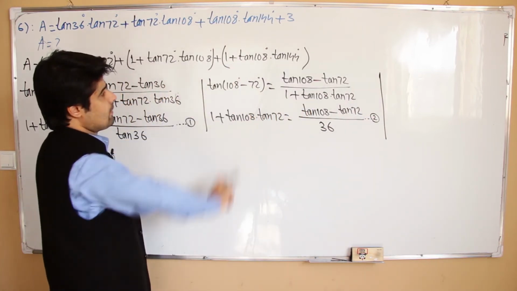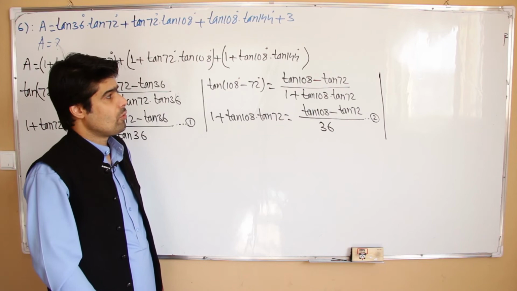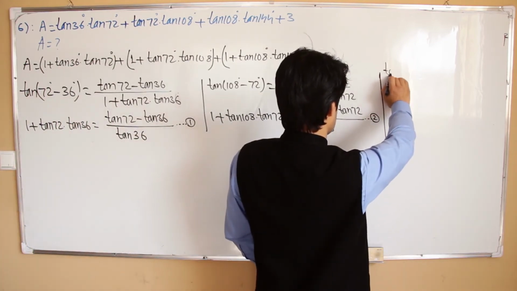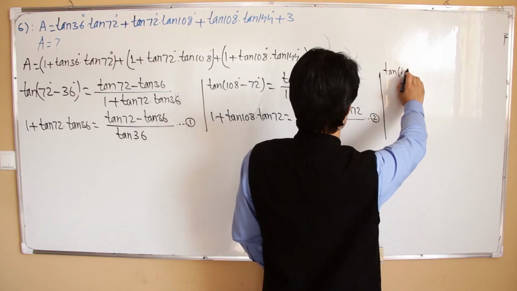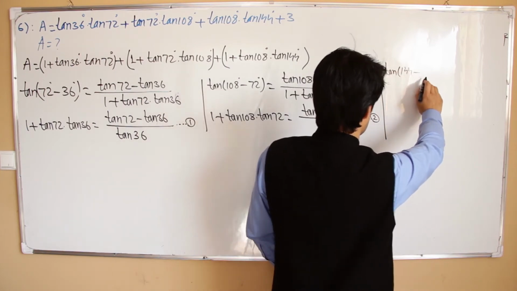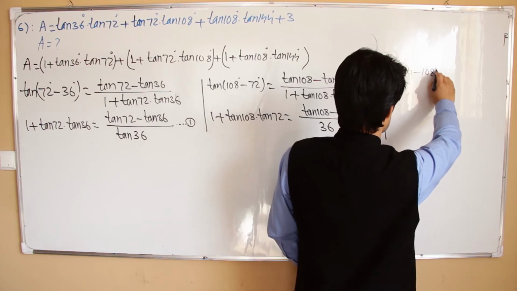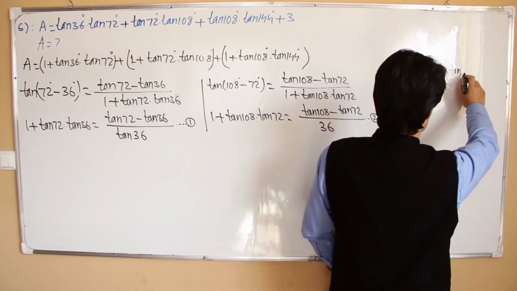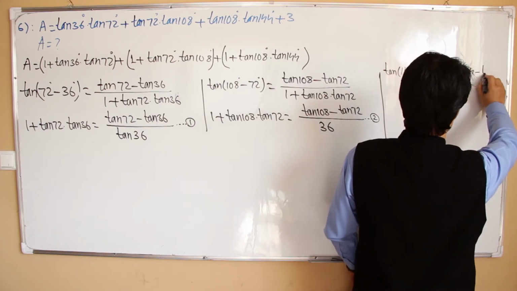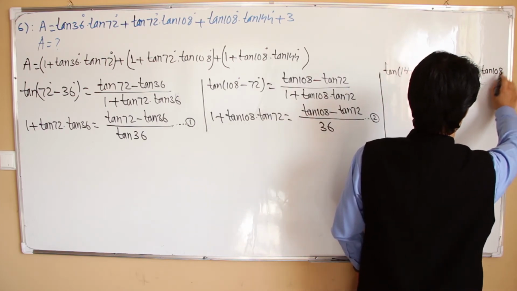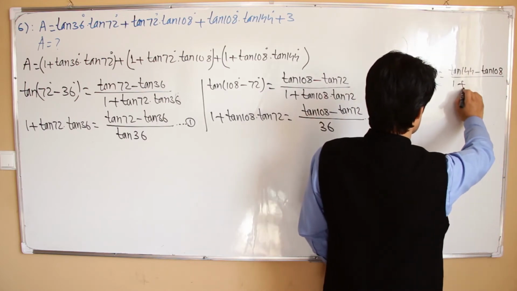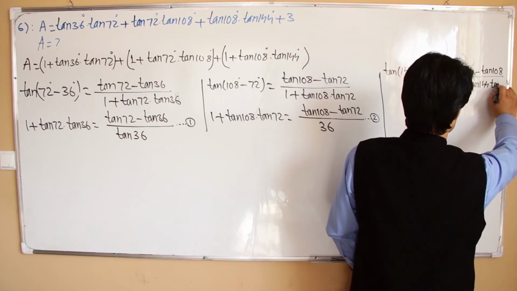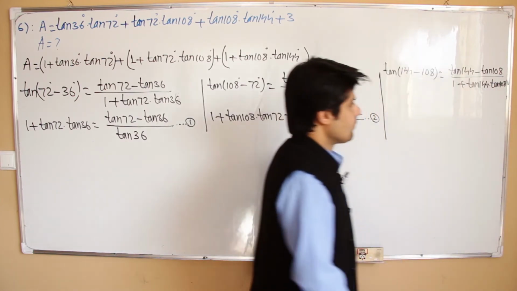Now, for this one, I will define 144 minus 108. Yes. Tangent 144 minus 108. Now, what is the relation? Tangent 144 minus tangent 108, 1 plus tangent 144 times tangent 108.